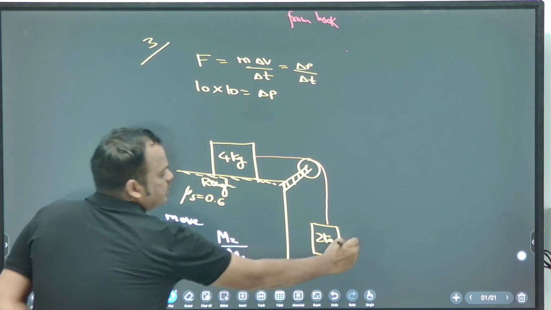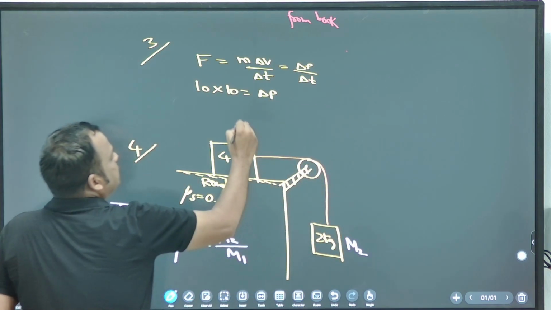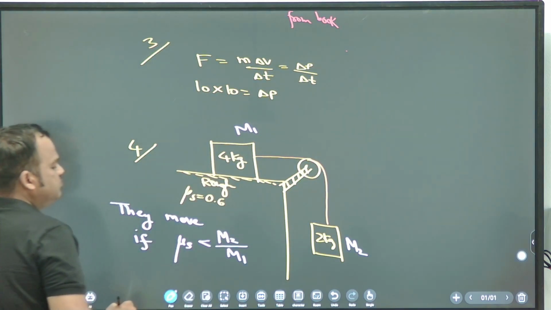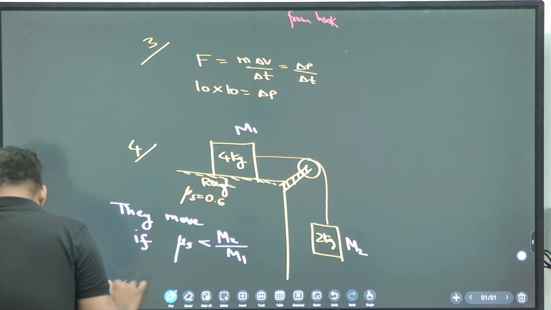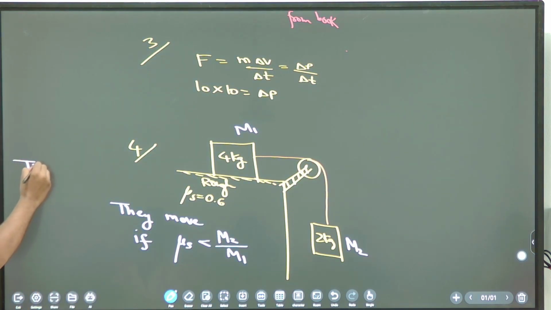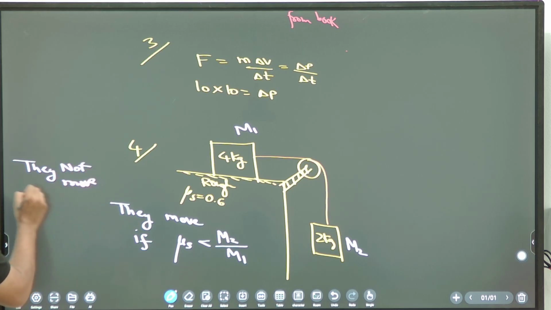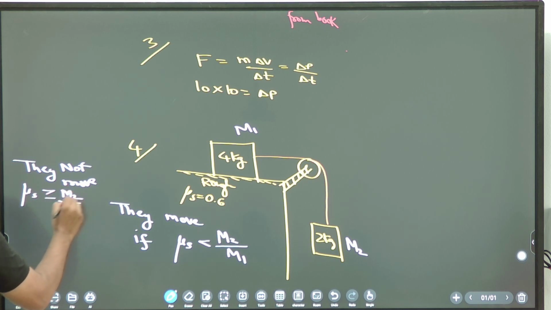This is m2. Hanging is m2. Resting is m1. And they will not move if mu s is greater than or equal to m2 by m1.